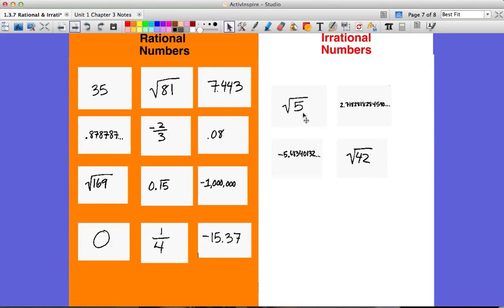The square root of 5, 2 and 7, 1, 8, 2, 8, 1, 8, 2, 8, 4, 5, 9, 0, and so on and so on. Negative 5, decimal 6, 8, 3, 4, 0, 1, 3, 2, and so on and so on. And the square root of 42 are all irrational because they all go on forever.